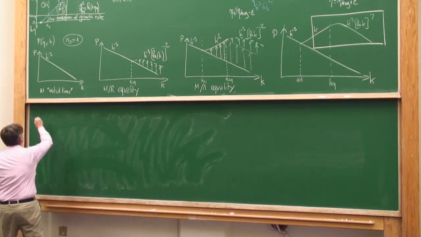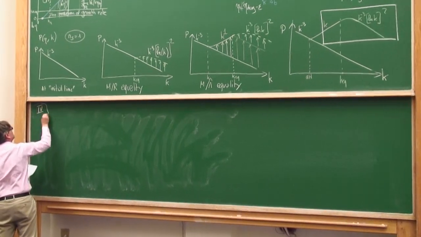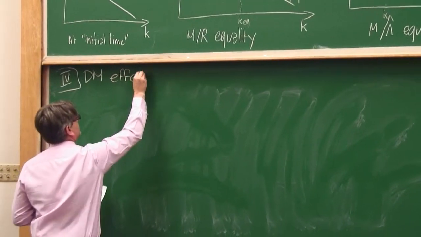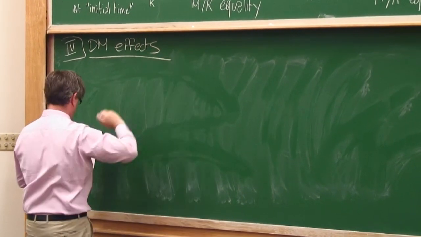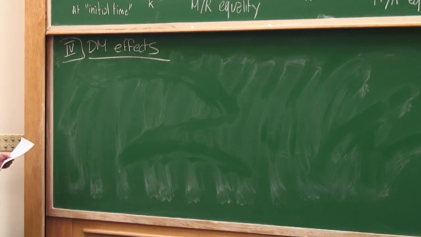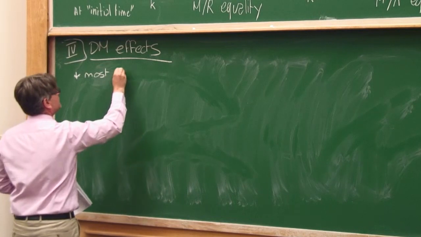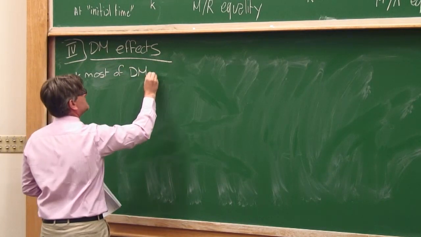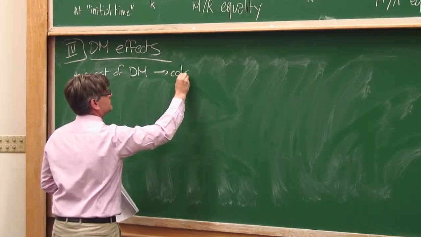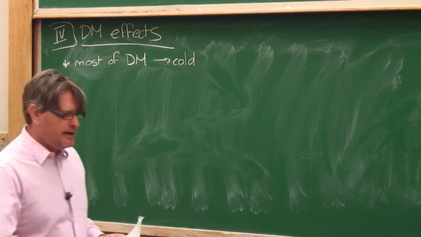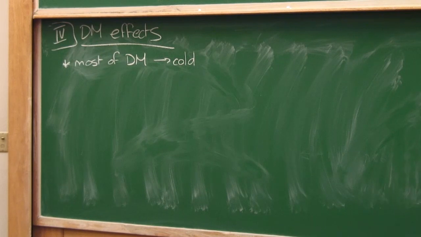So, dark matter effects. Okay, first, you know that most of the dark matter in the universe seems to be cold. Going back in time, in the 80s, there was a strong competition between 2 models, cold and hot dark matter.